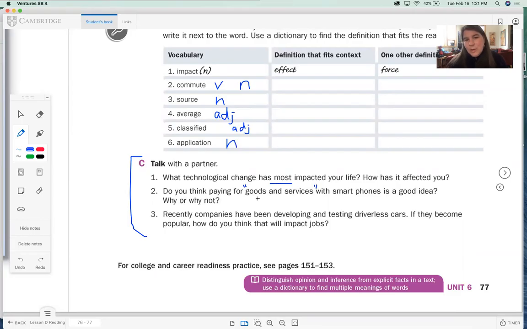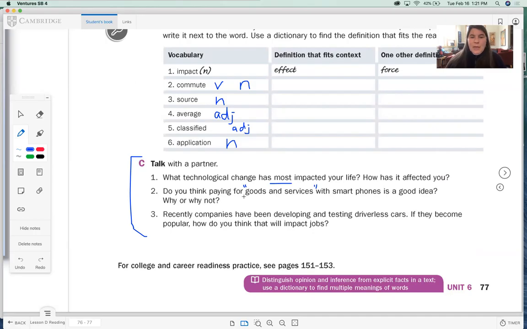Goods are things that you buy, and services are things you pay for to have someone do something. So like a goods, something would be, I buy a new refrigerator is a goods. Services is having my refrigerator fixed. So goods and services, things and paying to have someone fix something.